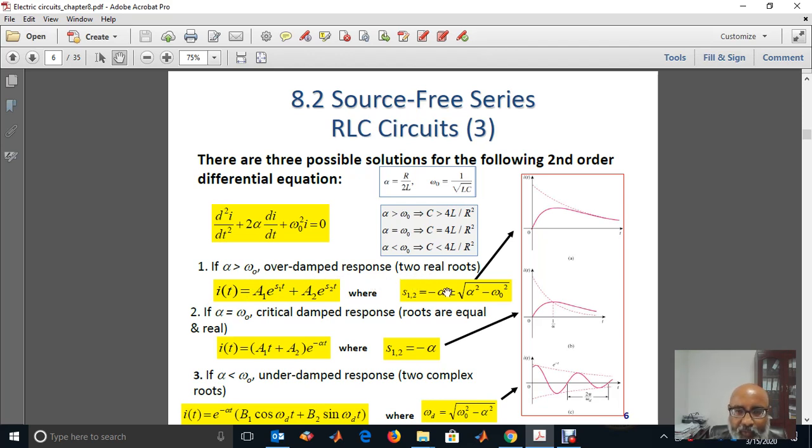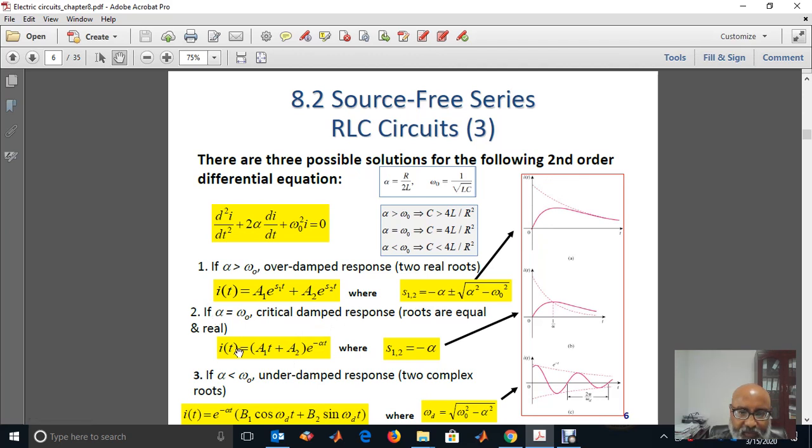We will have two real roots, which we get from this equation: S1 and S2 equal to minus alpha plus or minus the square root of alpha square minus omega naught square. Then the final solution is A1 e raised to S1t plus A2 e raised to S2t. The response looks like this curve.